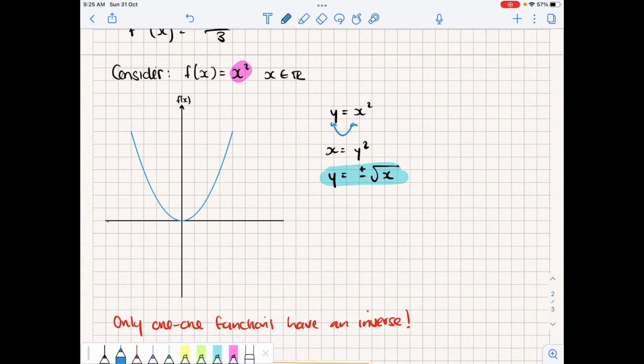So if I restricted the domain of this function and I said x has to be greater than or equal to 0, right? That would exclude all of these parts of the function, and we would only be left with the increasing part of the parabola on the right hand side. And if we look closely, that is a one-to-one function, right?